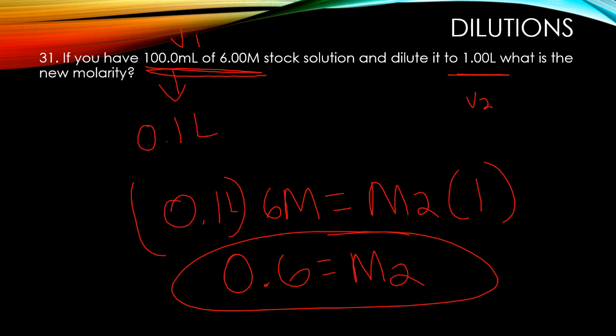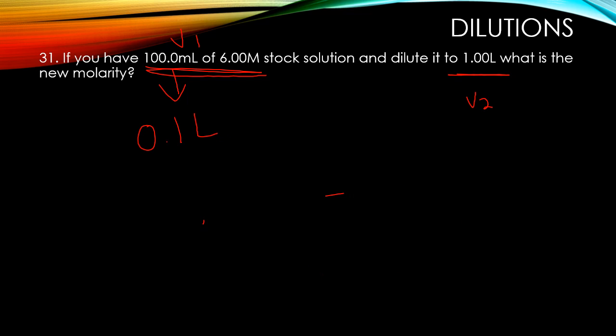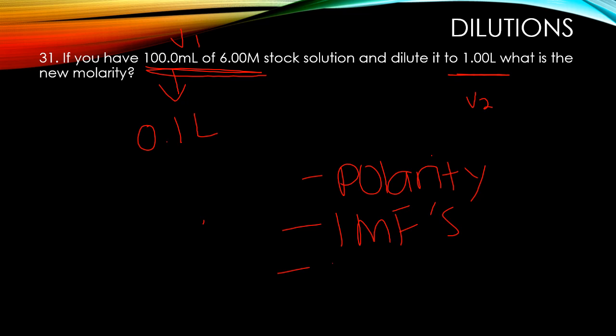This test that you're taking tomorrow, well, Friday, depending when you watch this video, I really suggest you have your notes out and organized and have them by section, because we really have 4 different things going on here. We have on this test polarity, IMFs, solutions, and then molarity calculations.